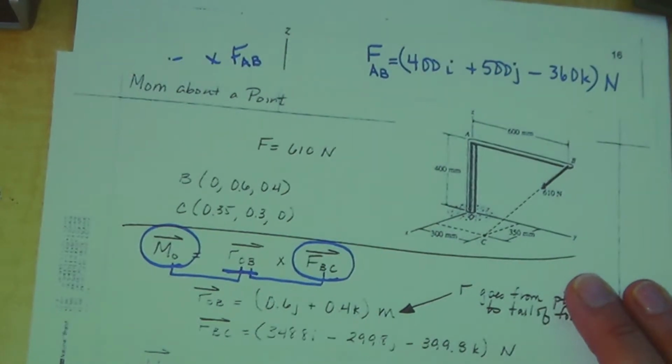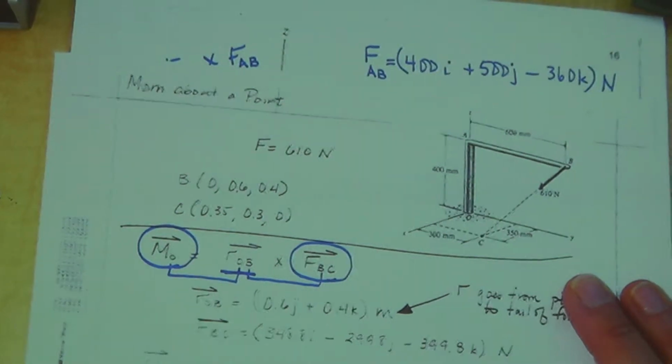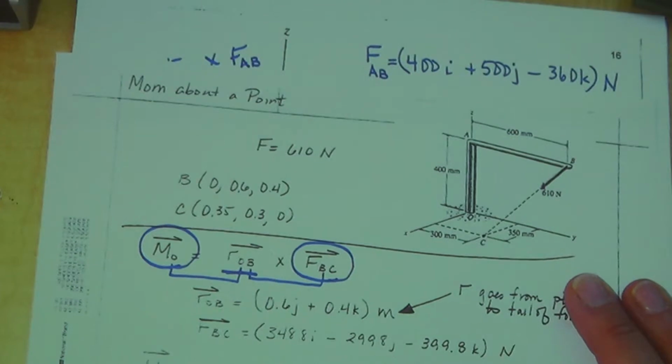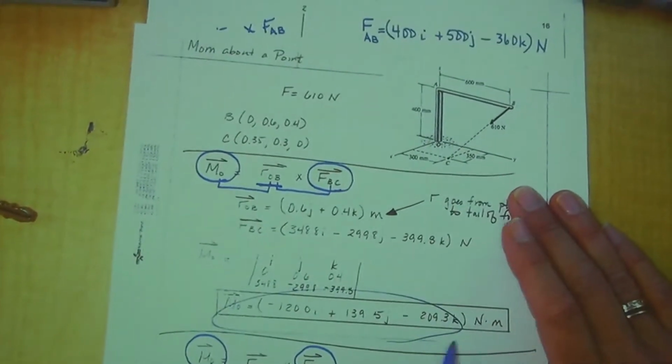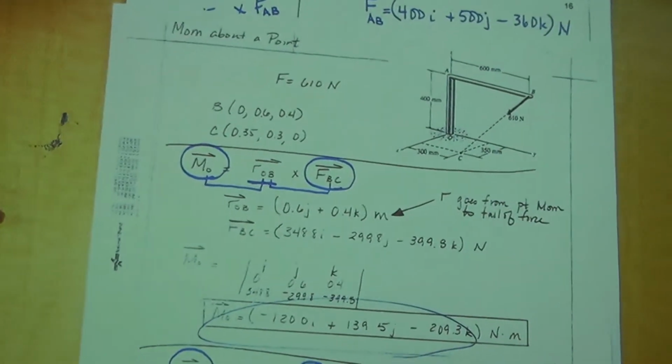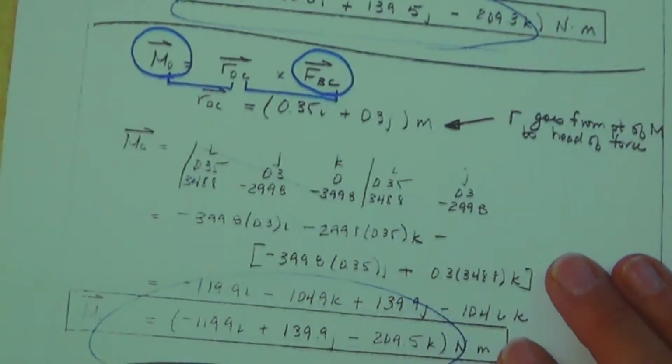But then I did it the other way to check what Chelsea said. Here I still did the R vector going from the point I'm finding the moment about, but instead I found it to the head of the force. And the answer comes out to be exactly the same.